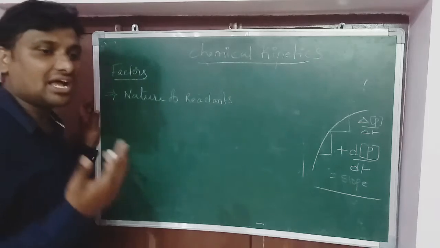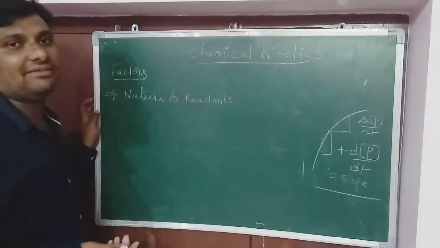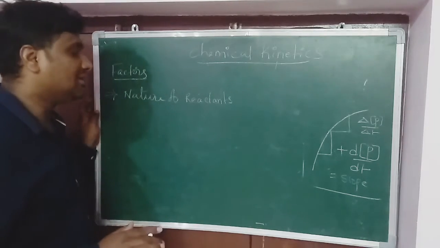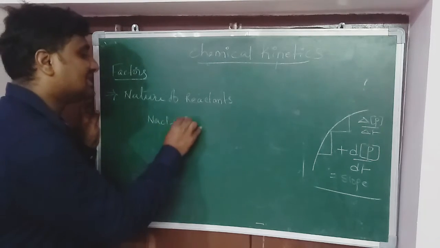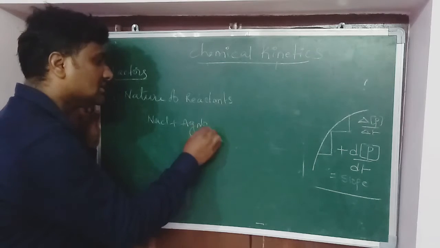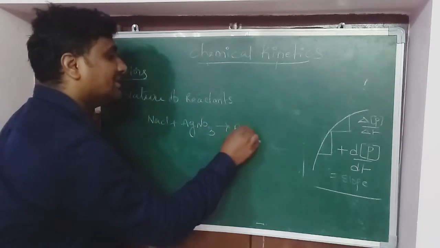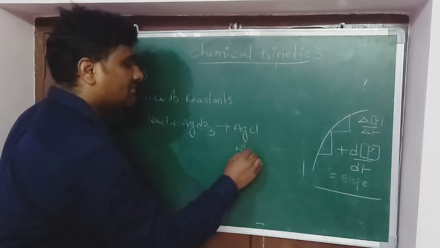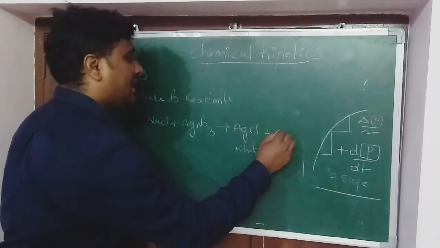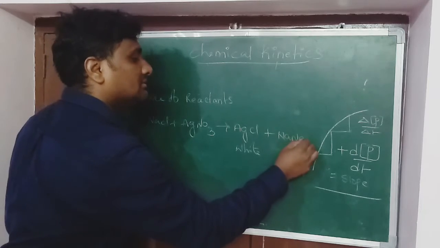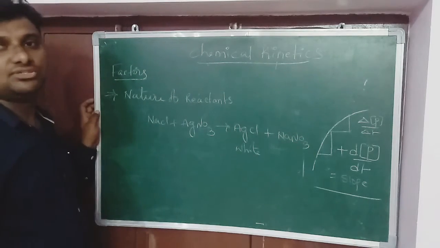That means ionic compounds are easily soluble in polar solvents. Example, NaCl and AgNO3, silver nitrate. AgCl, a white precipitate, will be formed easily, and NaNO3, sodium nitrate.